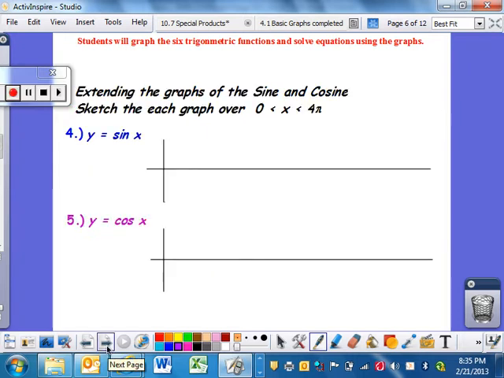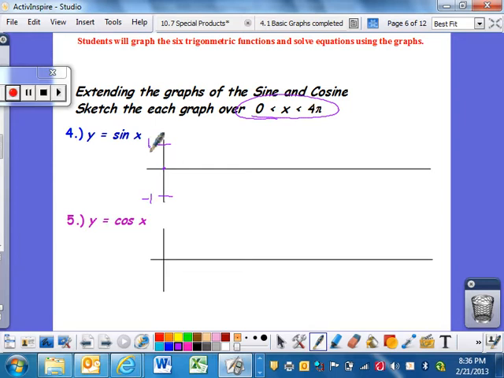What I want to do on this slide is extend this a little bit. Can you graph it not only 1 time around the circle, but 2 times around the circle? My amplitude's not changing, so it's going to be -1 to 1.